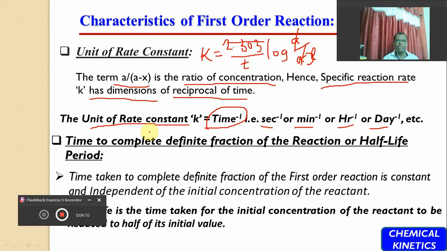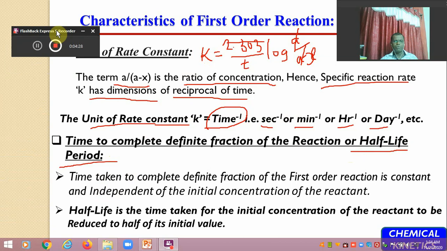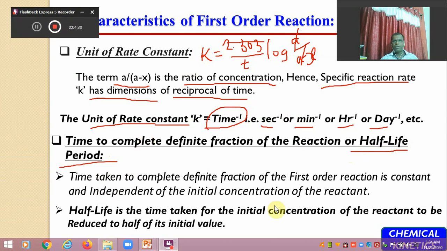We are able to determine the time required for the completion of a definite fraction of the reaction, or simply the half-life period of the first order reaction, with the help of the same equation: k is equal to 2.303 upon t log to the base 10 of a upon a minus x. First of all, we should know what is the time required to complete a definite fraction of the reaction, or the half-life period of the reaction.